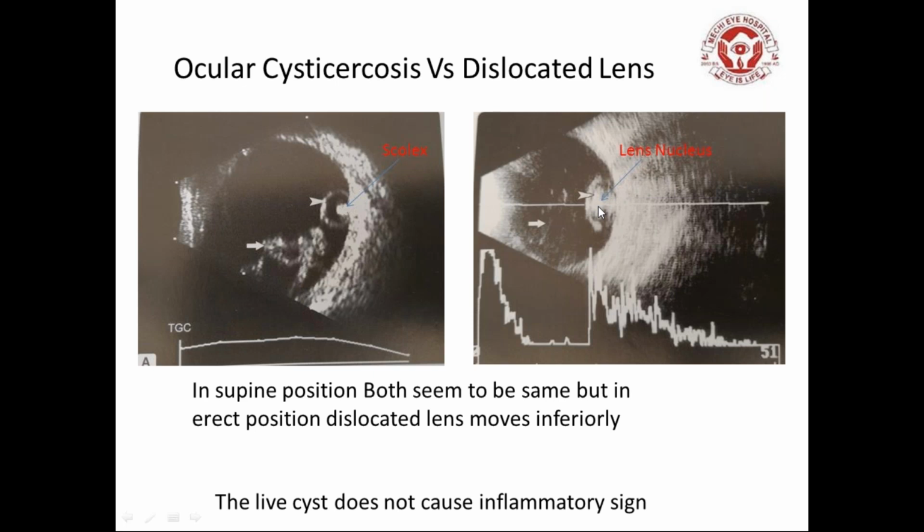But while doing it in erect position, if there is a dislocated lens, then it moves inferiorly. Also, a live cyst does not cause any inflammatory signs. So if there is presence of any inflammation or cells, that means it is a dead cyst.